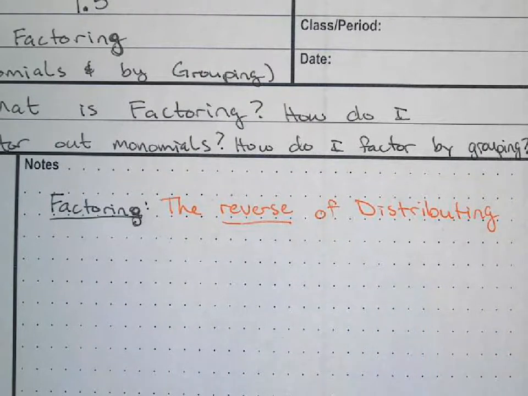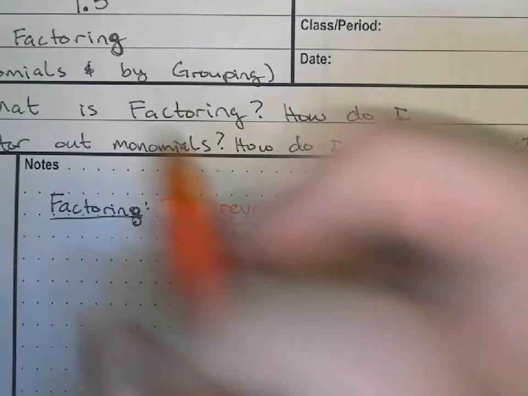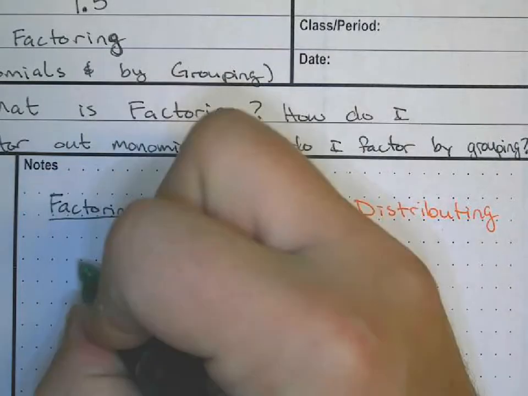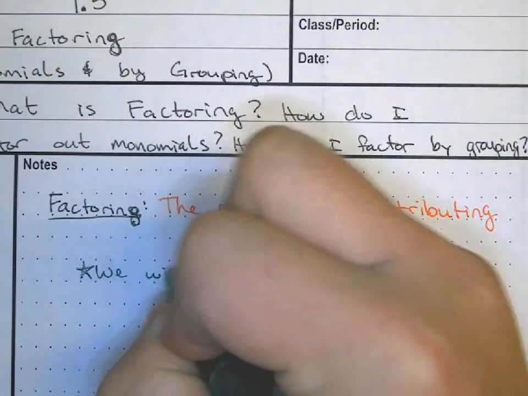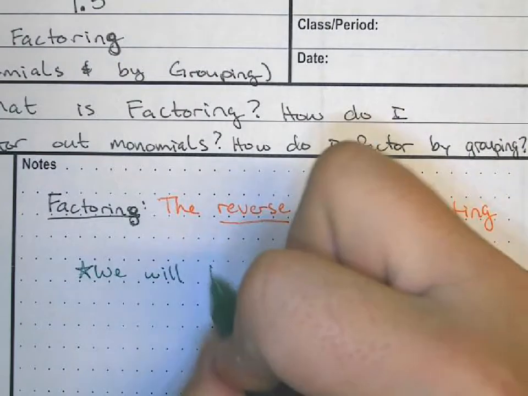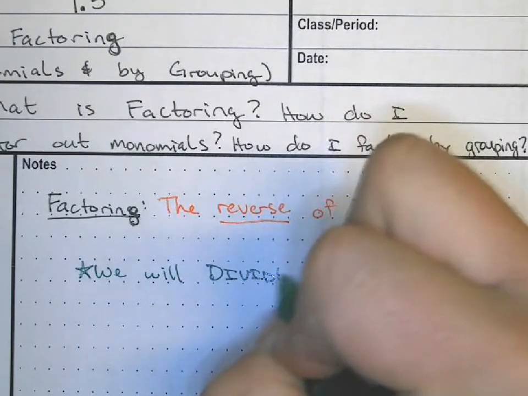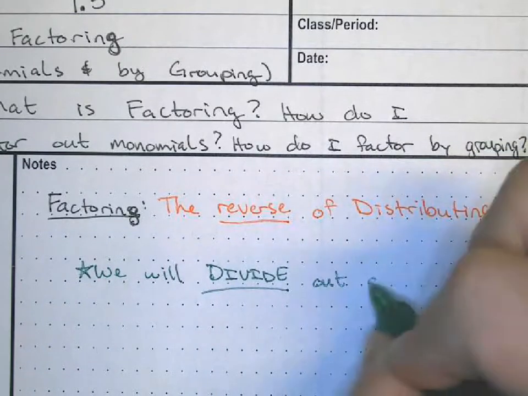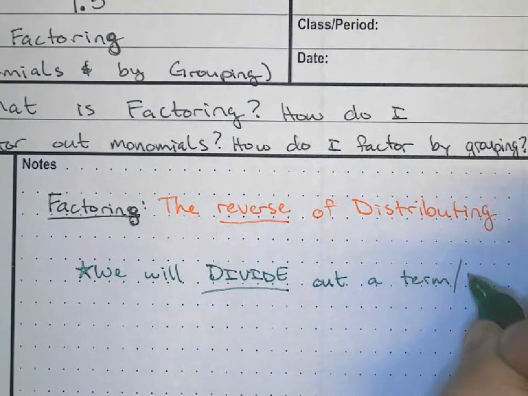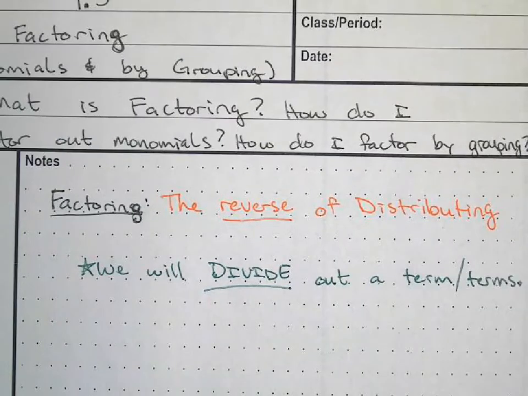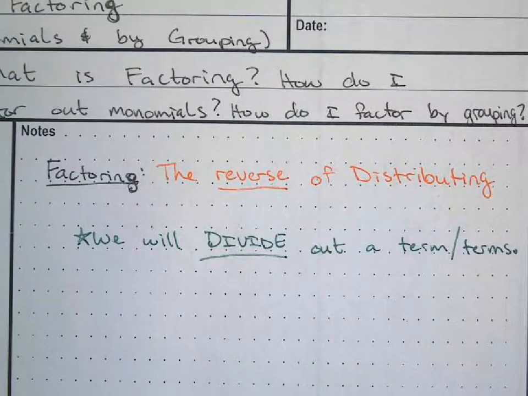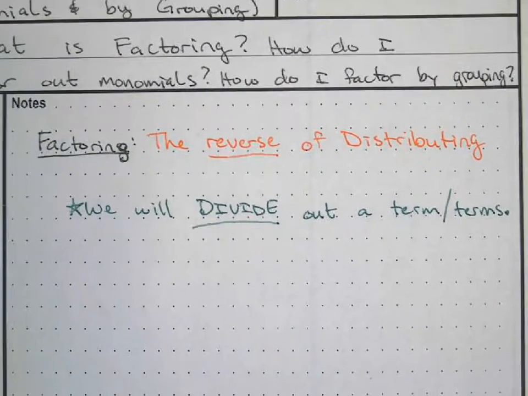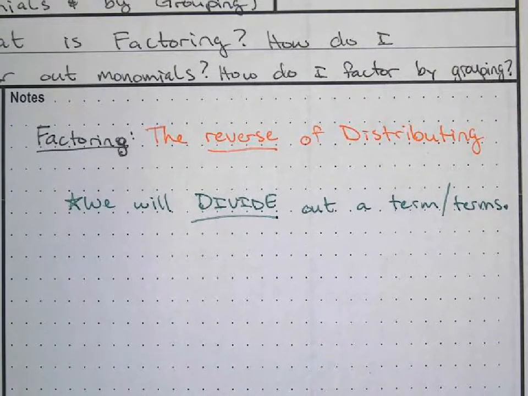So when we're factoring, we'll try to divide something out. So we will divide out a term or terms. So the first thing we'll do is look at factoring out a monomial.